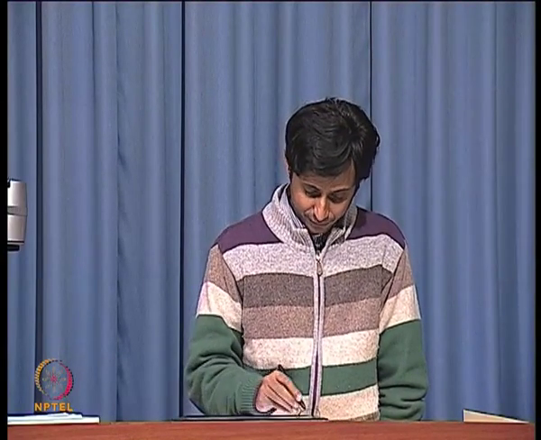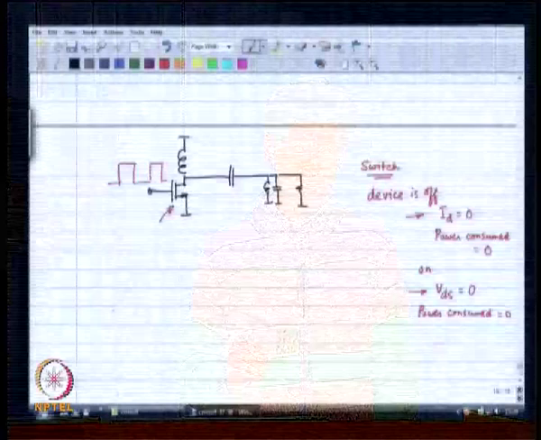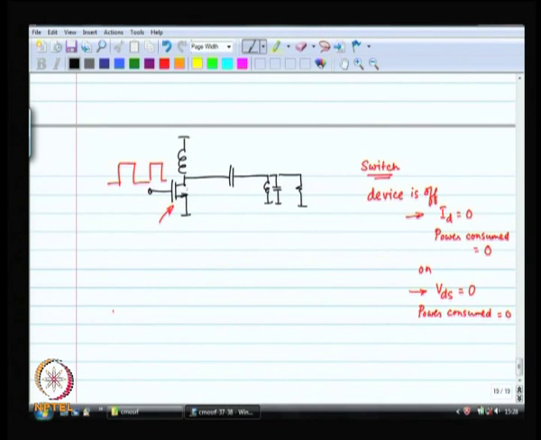Suppose when the device is on, it is taking a current of I max. When the device is off, it is taking a current of 0.